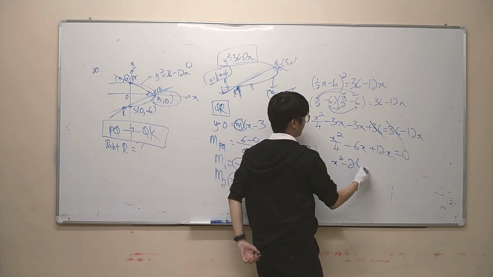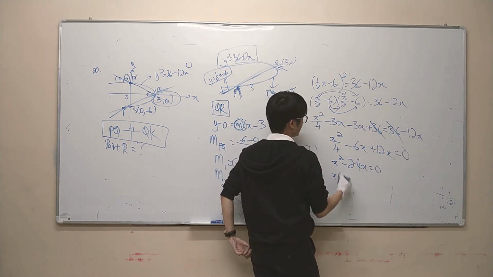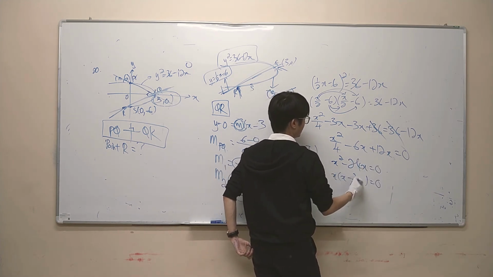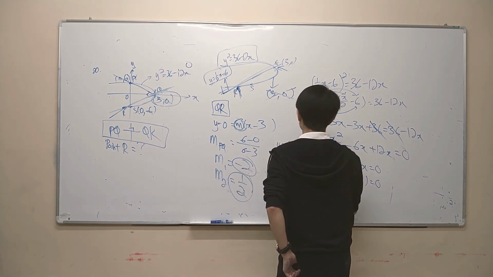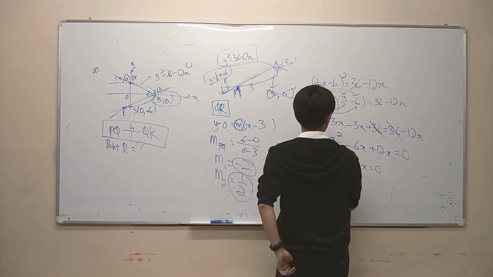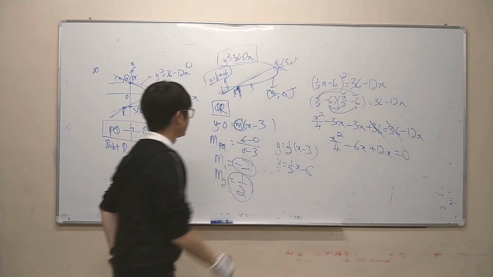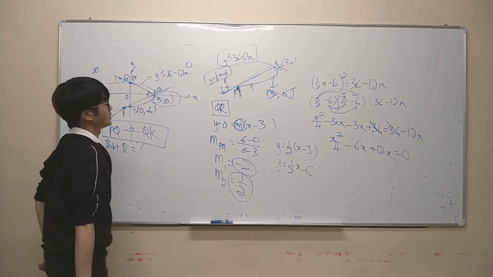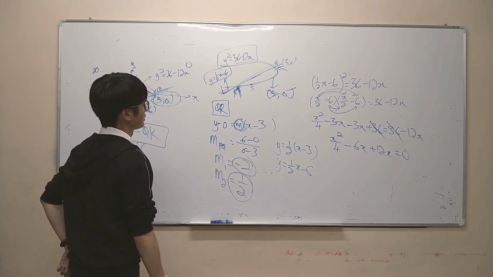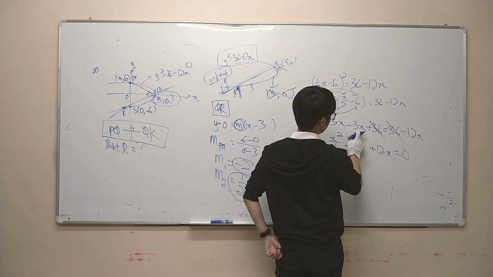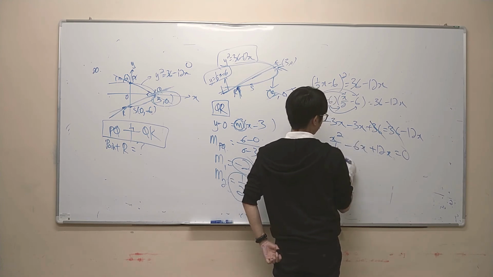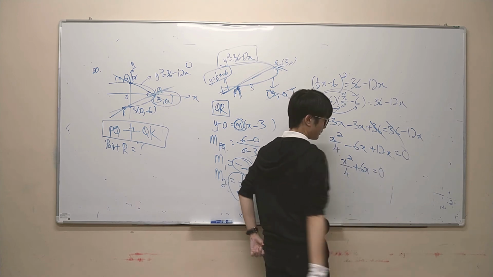What's 6 times 4? 24. And then x, so x minus 24. I made a mistake, sorry. It should be 36 minus 12x. Okay, never mind, I'll continue first.